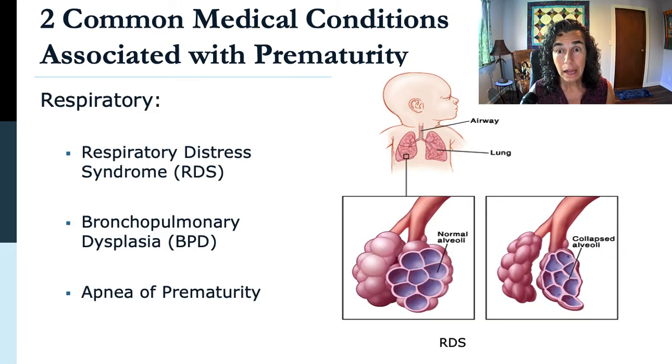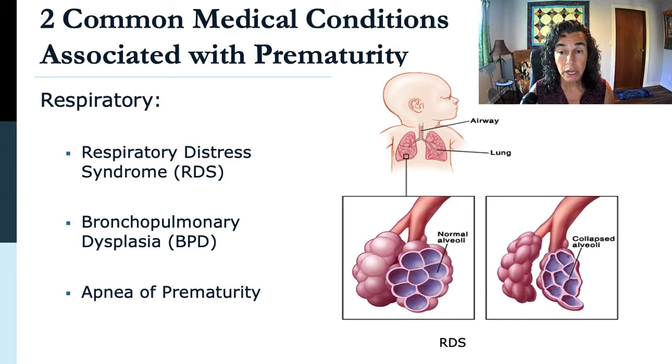Our second slide of common medical conditions associated with prematurity is respiratory conditions. And there are 3 of these, and you can see some visual displays of what alveoli look like normally and then what they look like when they're collapsed. So we're looking at the inside of the lung, right? Respiratory distress syndrome is one of the conditions.